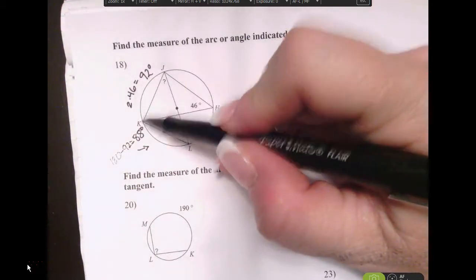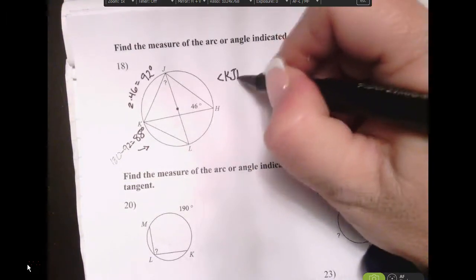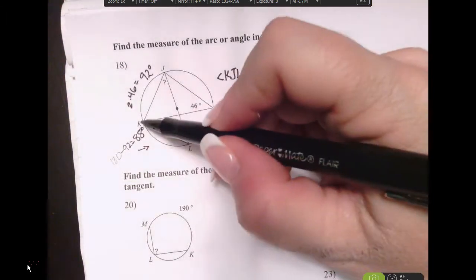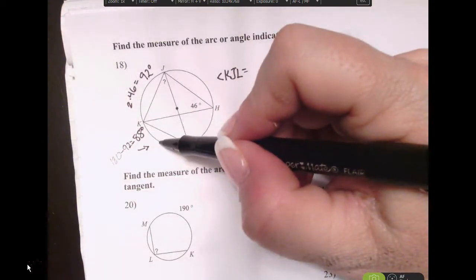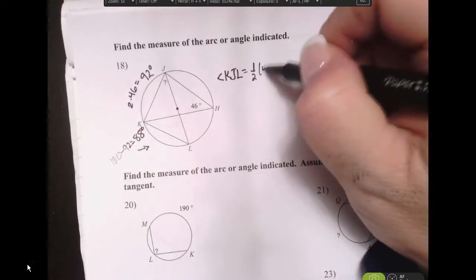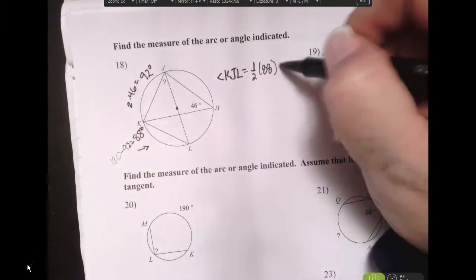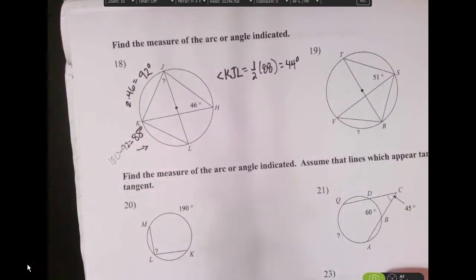Because the inscribed angle KJL is cutting arc KL. So if this arc is 88, then the rule is that the angle is half of that. So that's how I get my angle is 44.